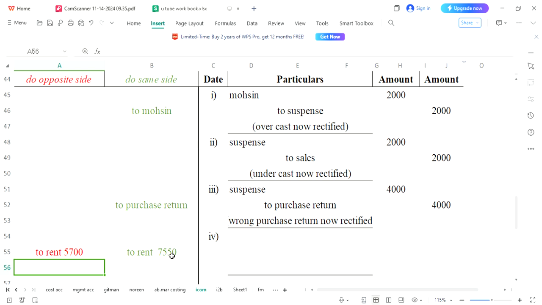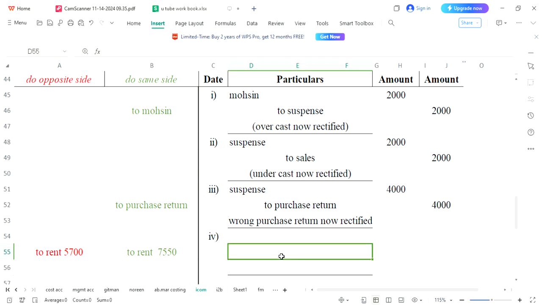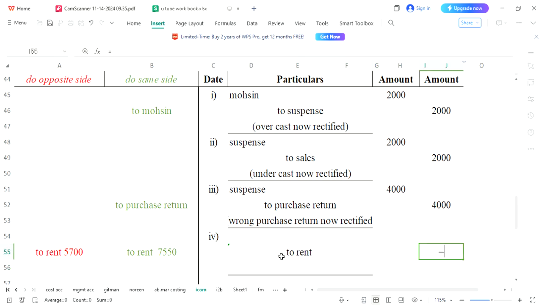Less means it is undercast. In undercast we write on the same side. Rent was present on the credit side. In undercast we will choose the same side. So rent would be written over here. In undercast and overcast we always write the difference of the amounts. So 7550 minus 5700. So we have written this amount, and the same amount would be written on the debit side.